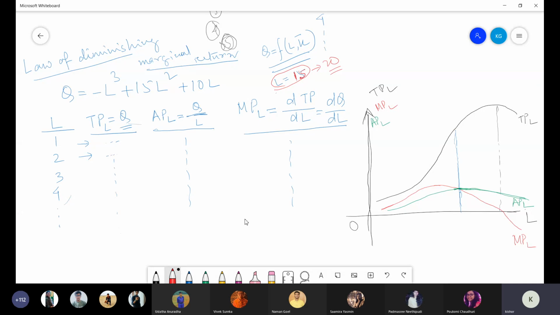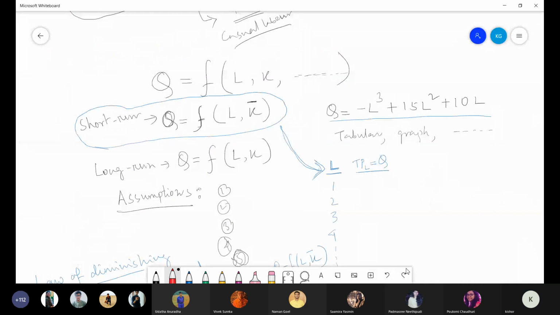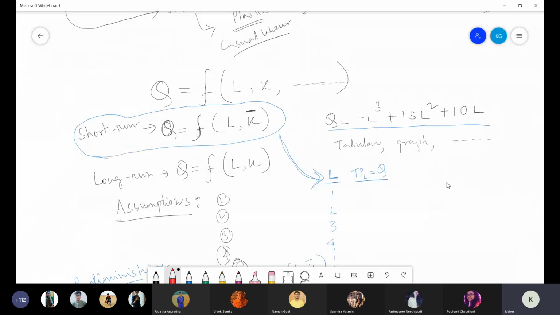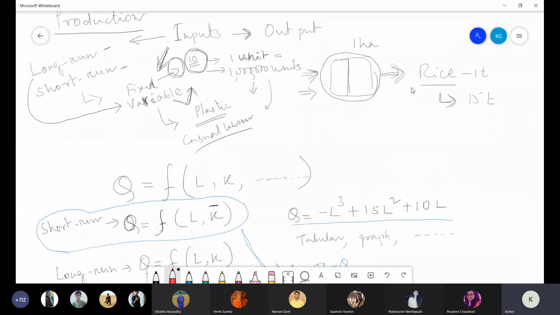Say, as an example, the production of rice. Suppose you are producing some rice. Fertilizer is the variable. Initially no fertilizer was there, then you applied 1 kg, 2 kg, 3 kg, 5 kg, 10 kg. You are going on, but you cross the limit.